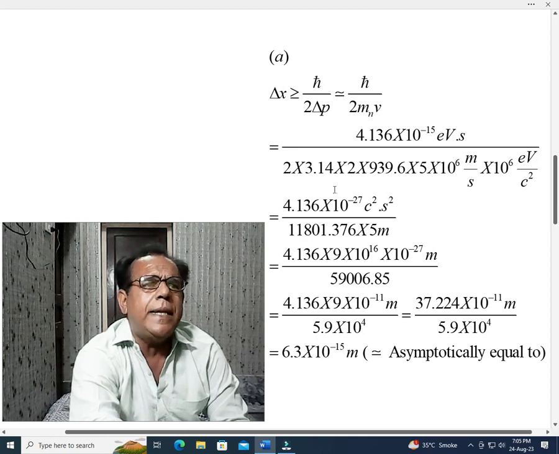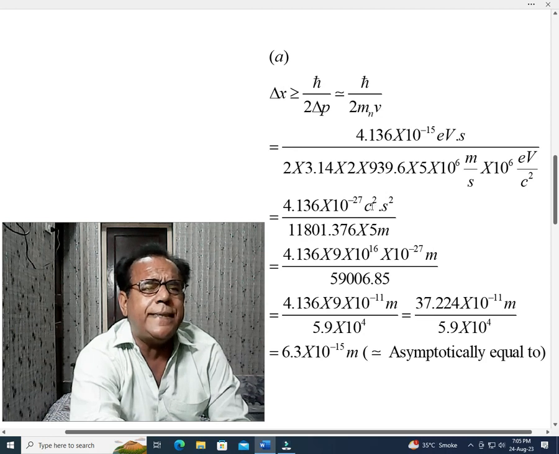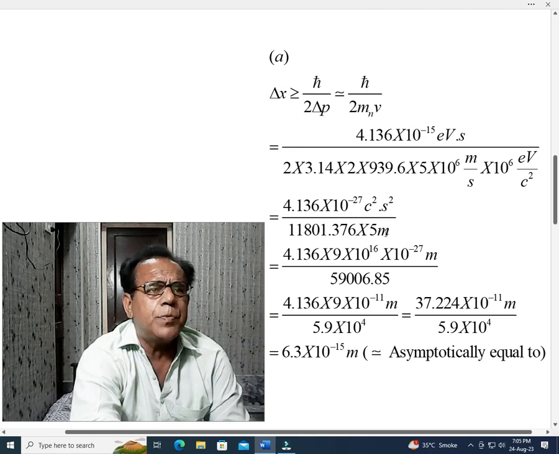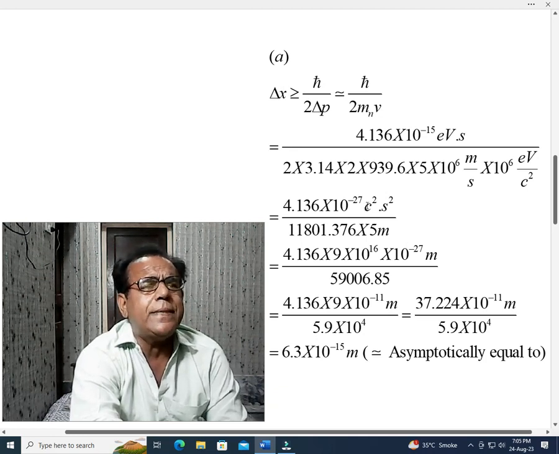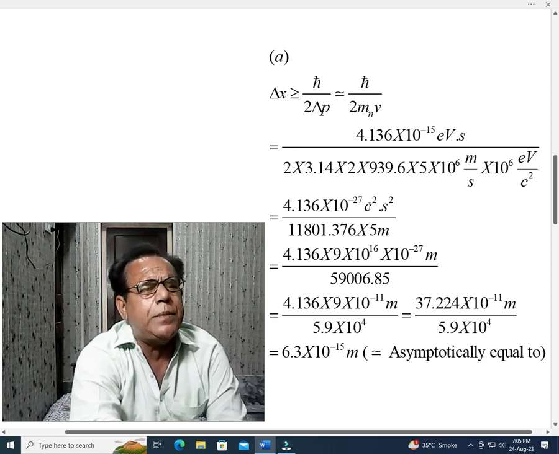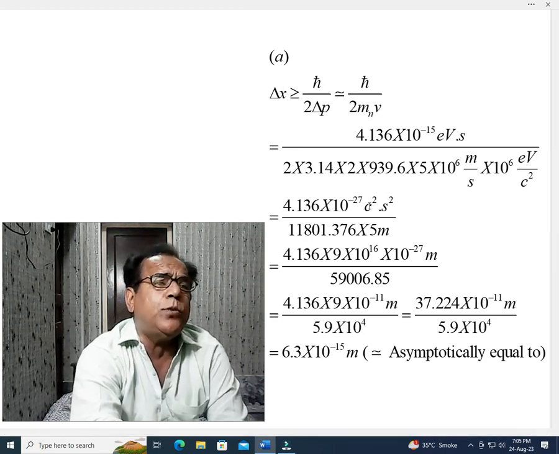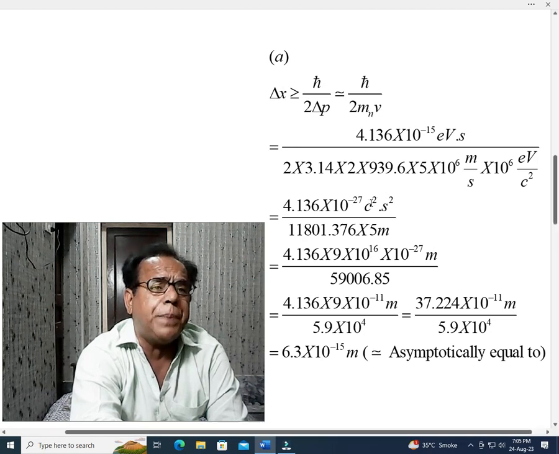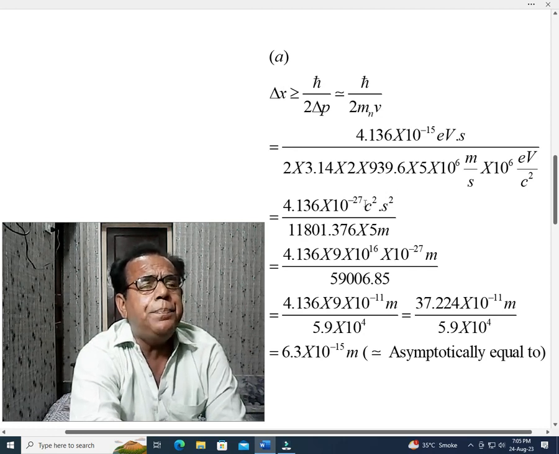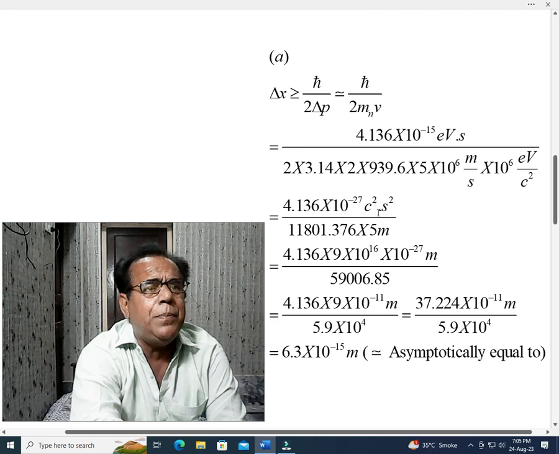Okay, so next simplification, the speed of light c square, in meter square per second square, and we know that velocity c is 2.998, or we approximately take it as 3.0 into 10 raised to the power 8 meter per second. When it becomes meter square per second square, this second square will be cancelled with this second square, and one meter will be cancelled with this meter, and the answer will become in meter.